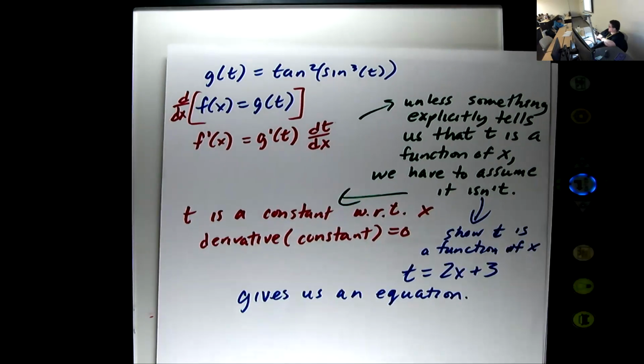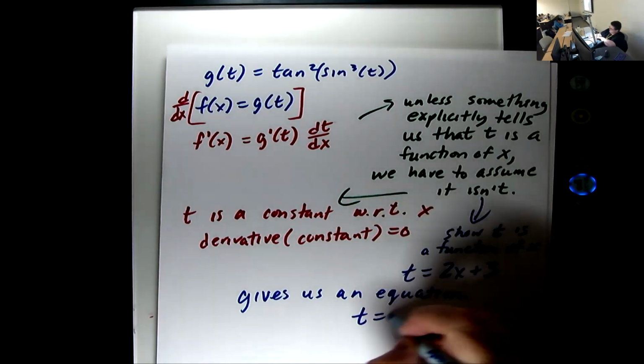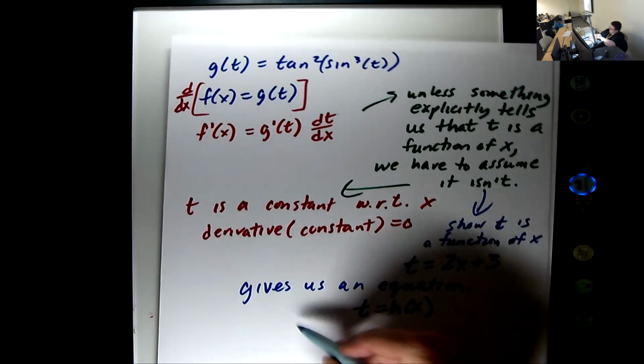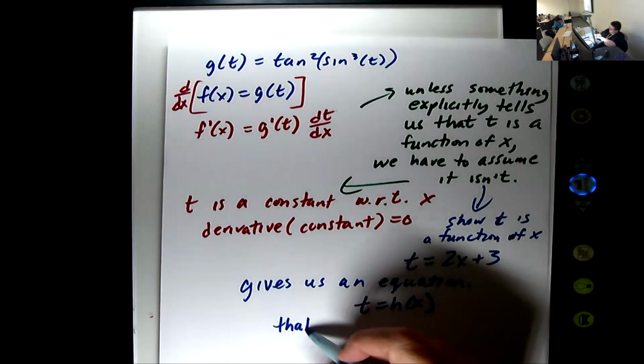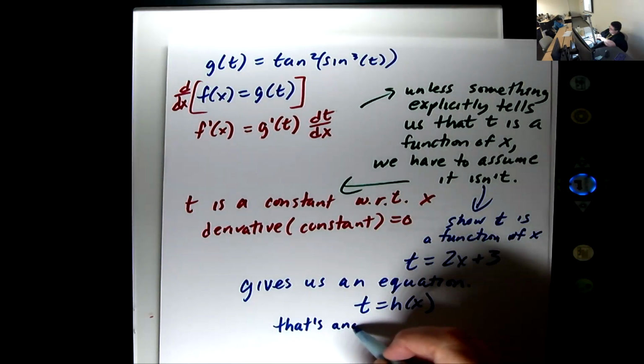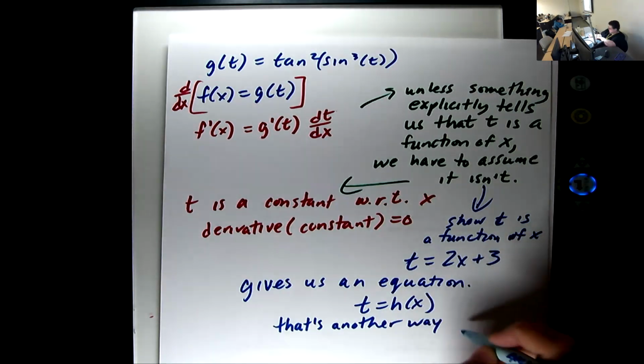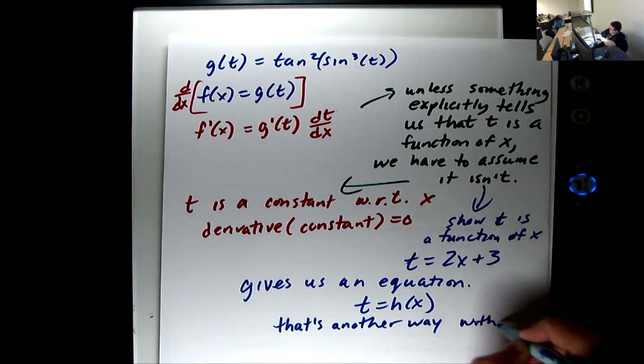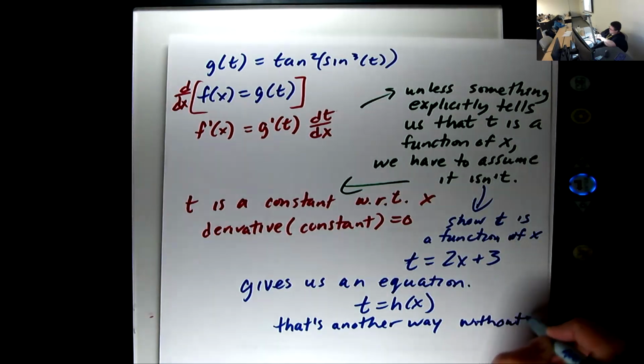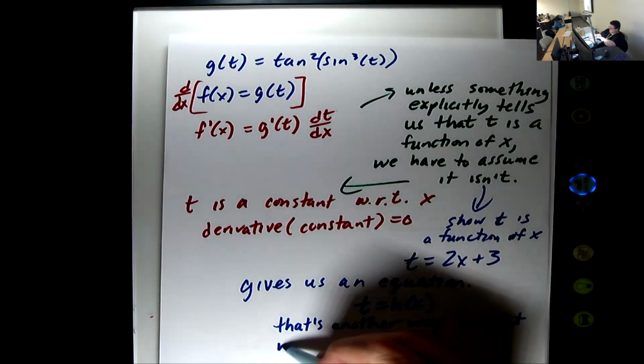That's one way. They might also say t equals h of x. That's another way, without giving us an explicit equation. Well, the equation's there, but without knowing what it is in terms of x.